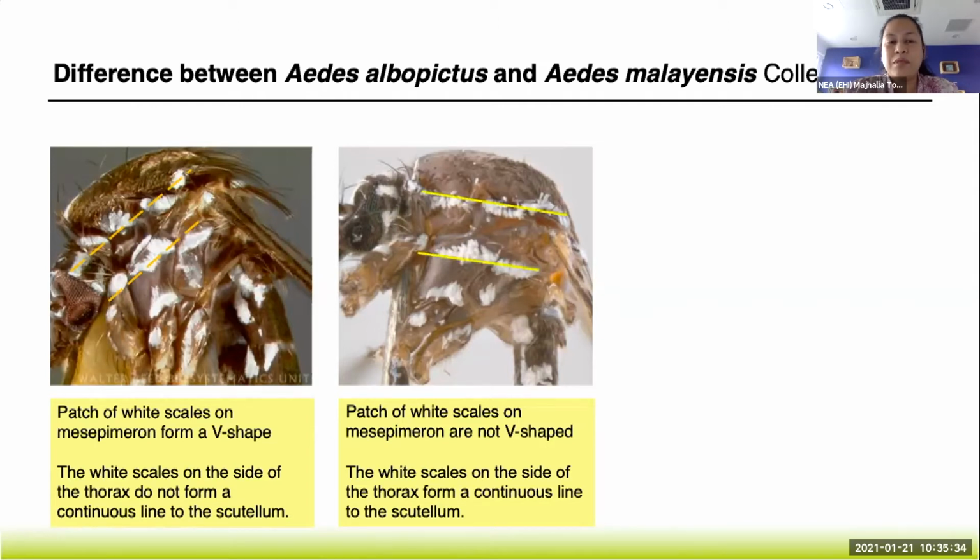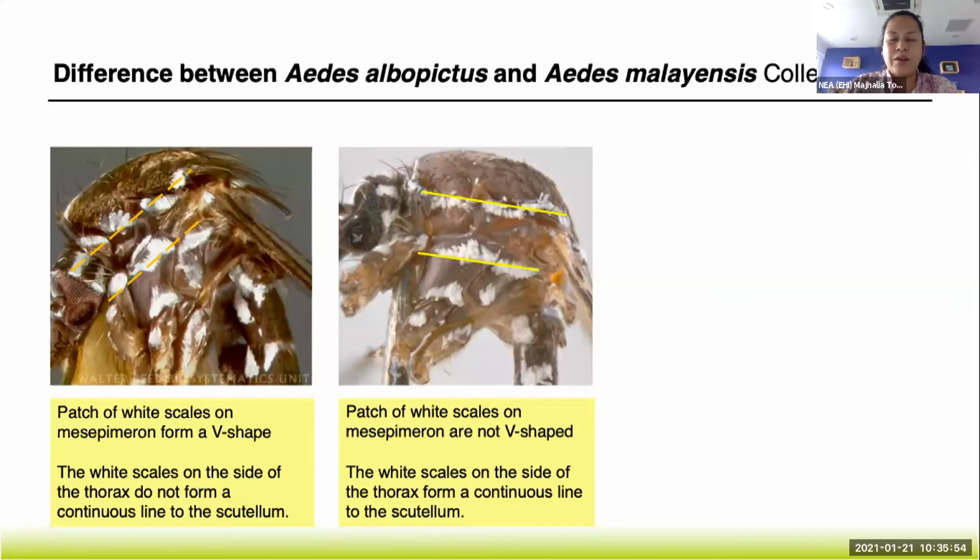So it forms these distinct two parallel lines. And actually, when you look at the sample from a distance, it looks like a complete continuous line from the pronotum down to the scutellum, at least for the first line of white scales.